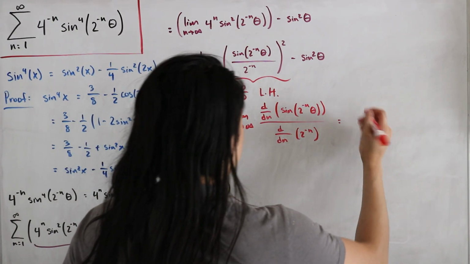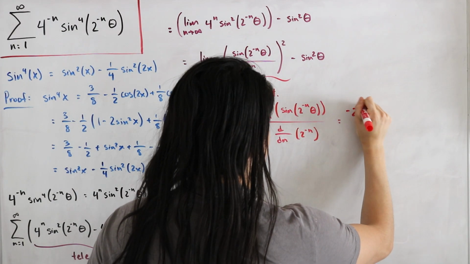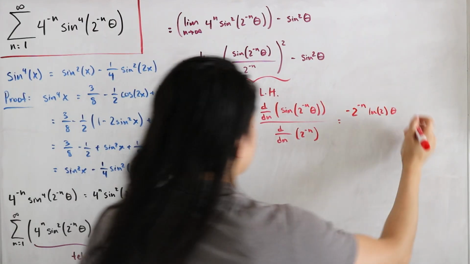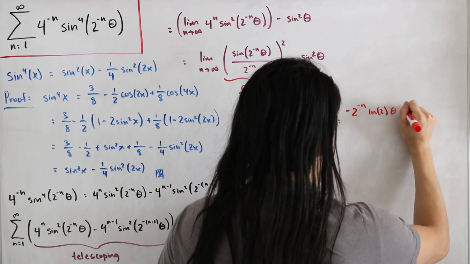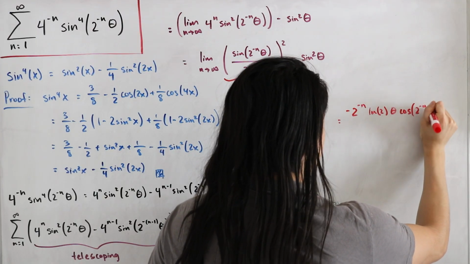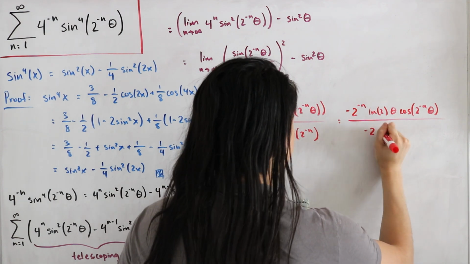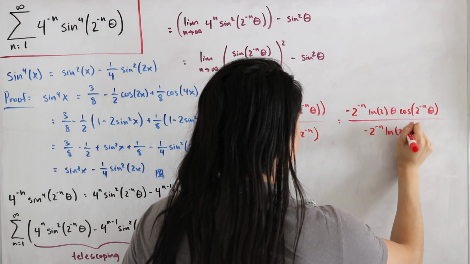Taking the derivative of our numerator, we're going to have negative 2 to the power of negative n, times ln of 2 times theta, and then times the derivative of sine, so cosine of 2 to the negative n theta. All this being divided by the derivative of the denominator, which is again negative 2 to the power of negative n, then ln of 2.